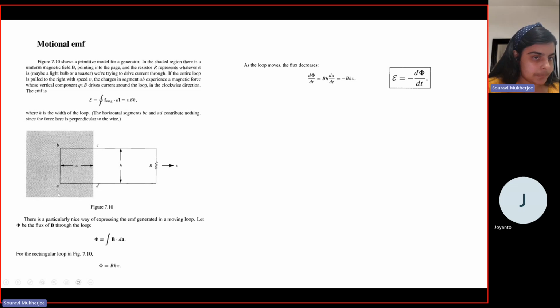That would be nothing but x into h, where x is the length of the loop inside the magnetic field at some point in time. So for the rectangular loop, the flux is given as BhX. Now, as you move the loop outside, this x gradually decreases. So what happens?